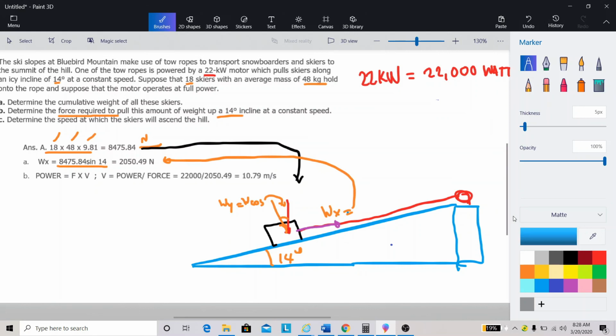So the only force that did the work is the x component of the weight of the 18 skiers, which is 18 times 48 kilograms, times the gravitational acceleration. Once you get that, run, do not go to the integral because we already derived it at the start. It is just F times d.